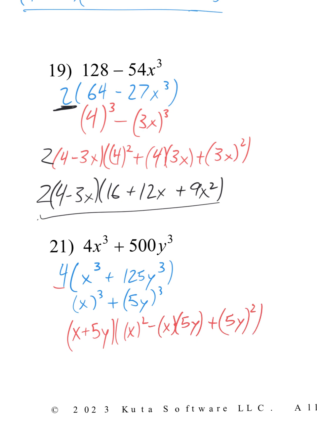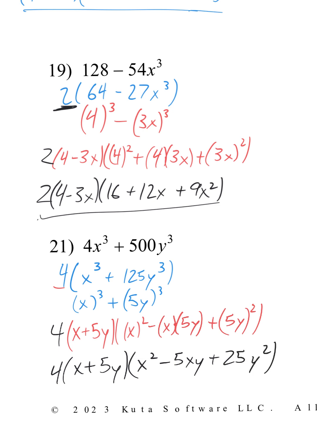Last one's always positive. So what's my simplified answer going to look like? Not forgetting about our 4. 4 times x plus 5y, x squared minus 5xy plus 25y squared. And there you go. There's your final factored form.